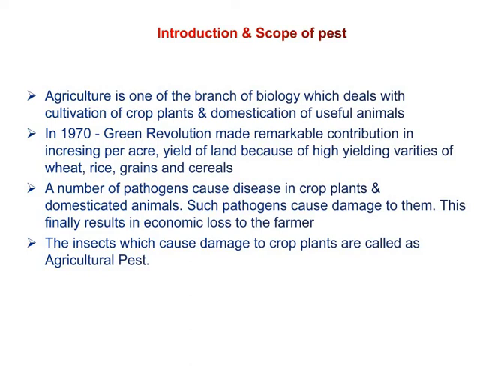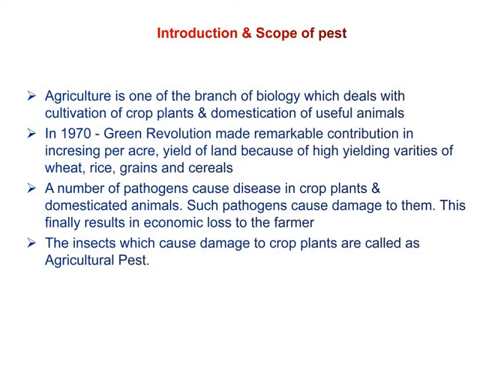Agriculture is one of the important branches of biology which deals with the cultivation of crop plants and domestication of useful animals. The invention of agriculture by human beings has brought a big revolution in the ecosystem of earth.